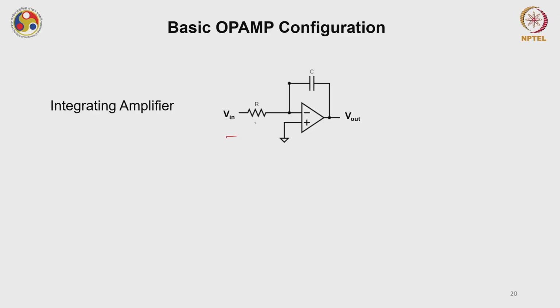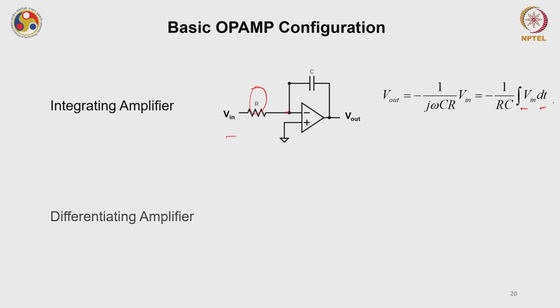So you have a V in which is connected through this R to this virtual ground, and you have a feedback in the form of the capacitance, okay, and the V out for this kind of configuration is nothing but minus 1 by RC integral of V in dt, fine.